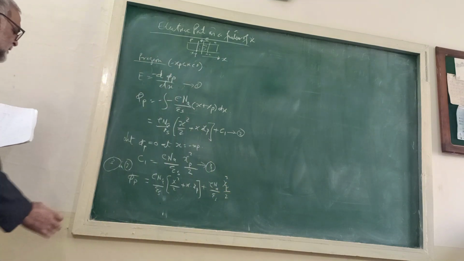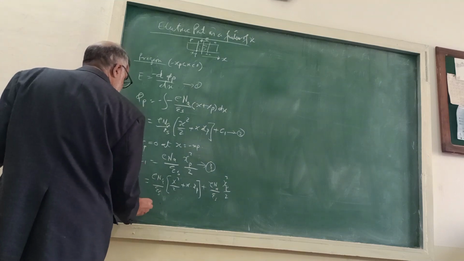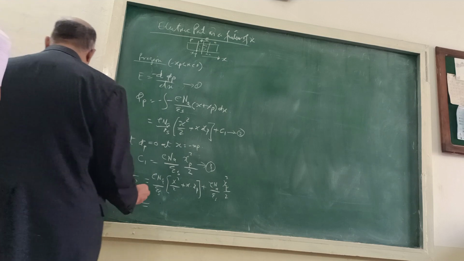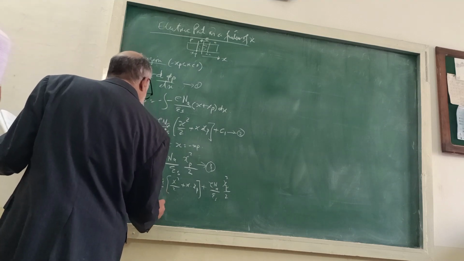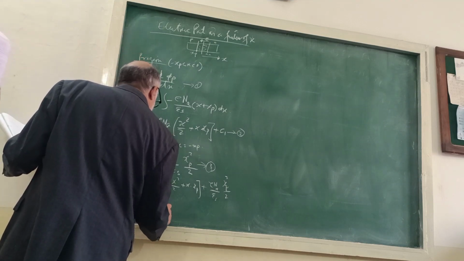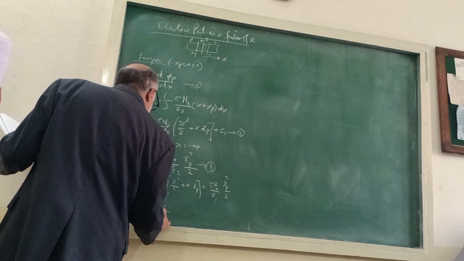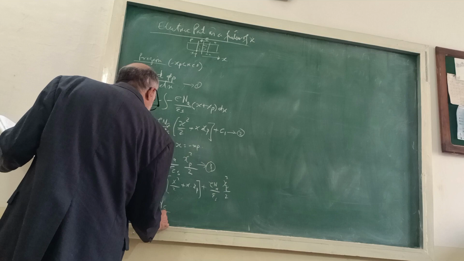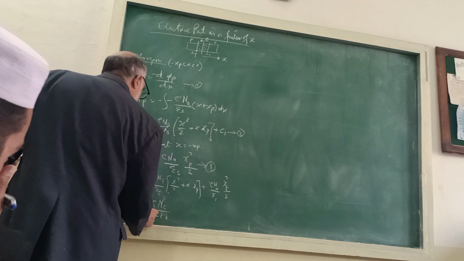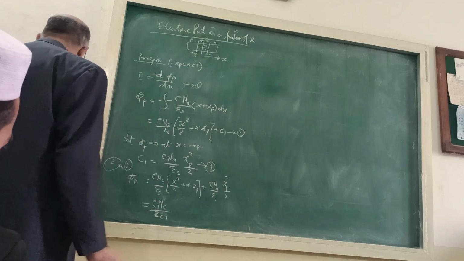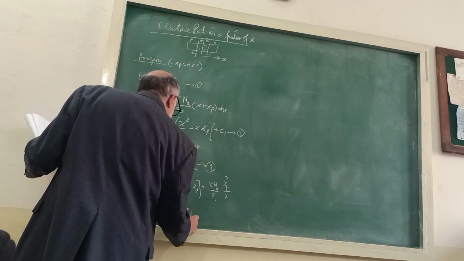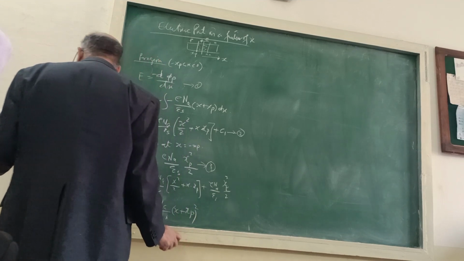So when we simplify this, doing the necessary algebra, we get q NA divided by 2 epsilon s, x plus xp whole squared.